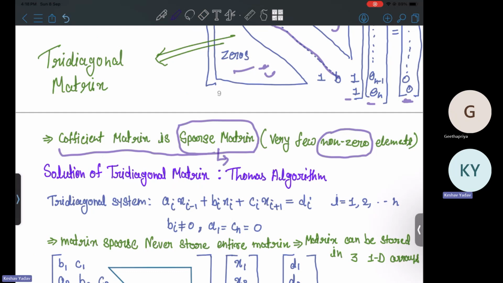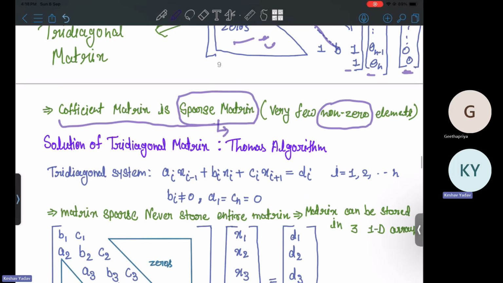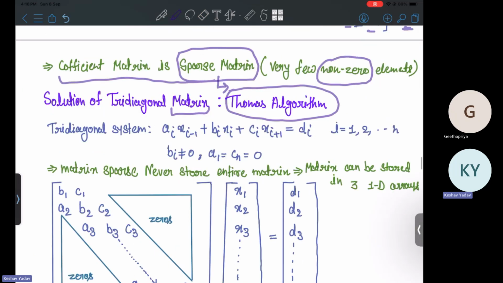We want to utilize the benefit that the matrix is sparse. For the solution of a tridiagonal system, one algorithm is generally used, known as the Thomas algorithm. Suppose we have a general tridiagonal system a i x i minus 1 plus b i x i plus c i x i plus 1 equal to d i, where i goes from 1 to n.